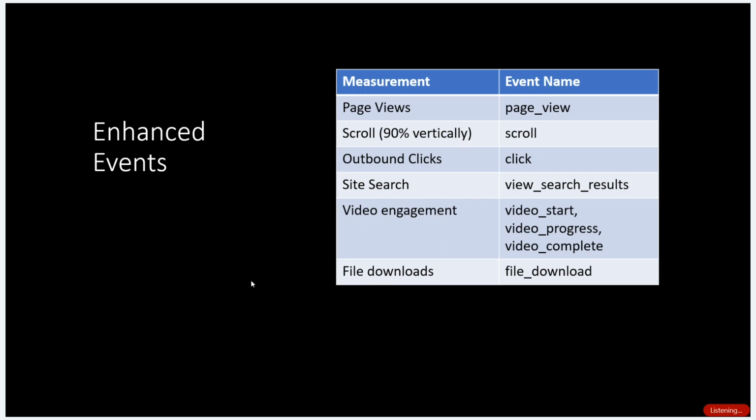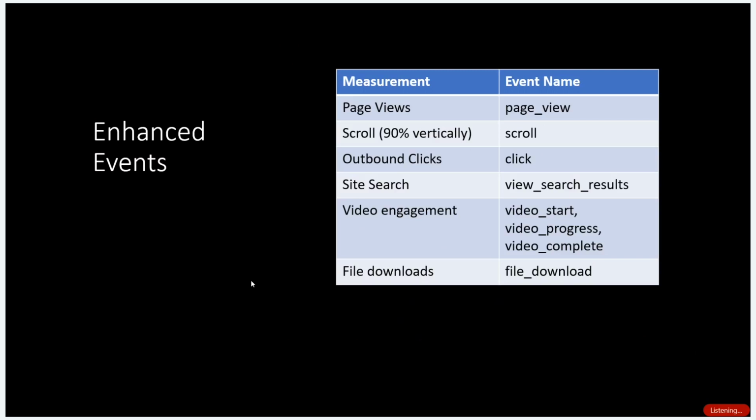And file download: if you have a PDF, a document, etc., where you are asking your users to download this thing, these events get triggered. So it saves you a lot of time in tracking, because in the past you had to set all these things up in a way that you could track them, but now they're all done.